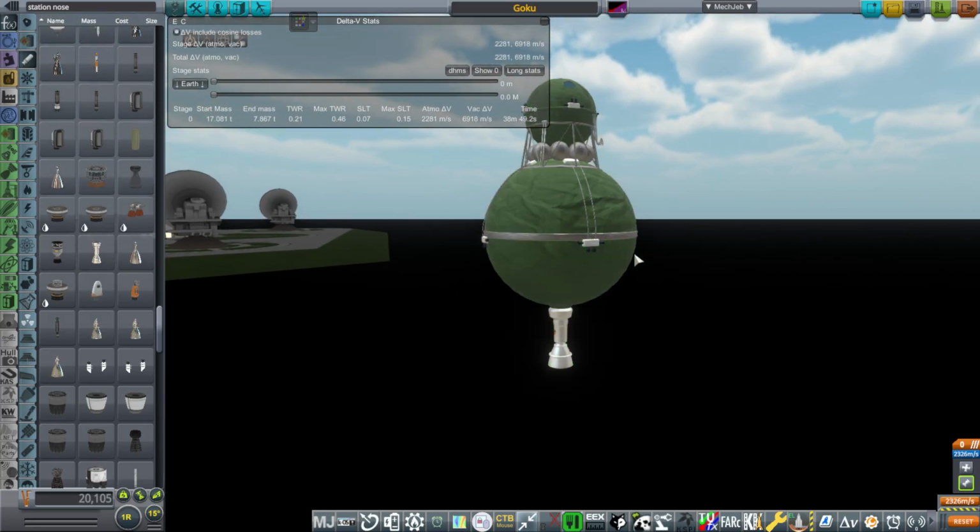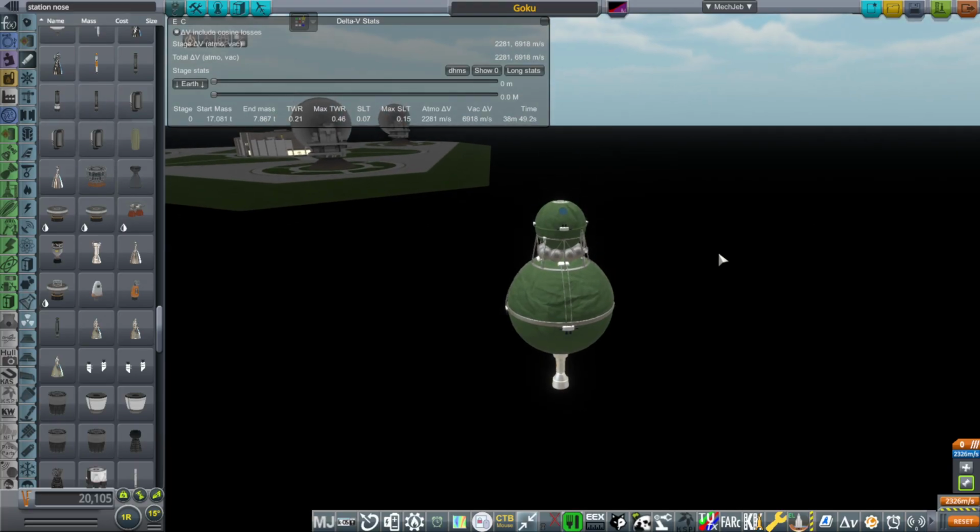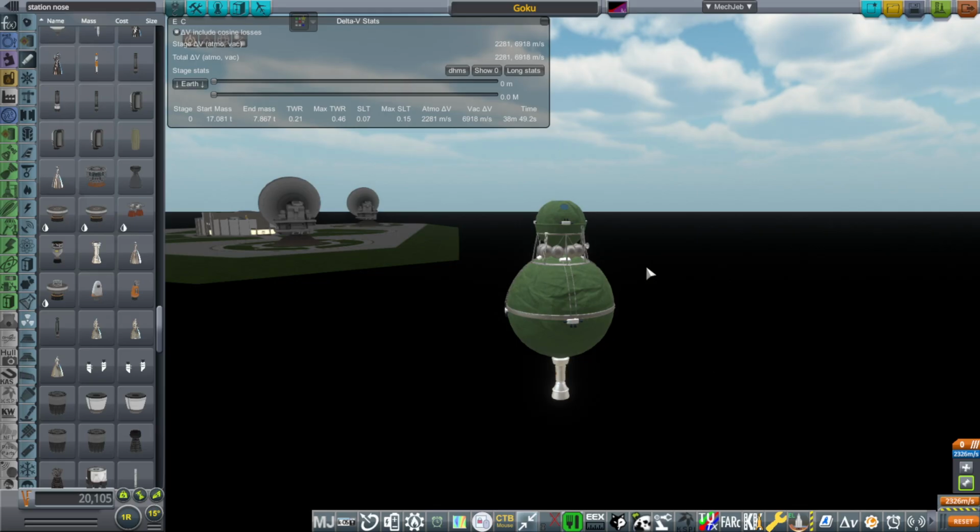So that is the pair. I call it the pair. It looks like a pair, but pair in Russian is Grusia, so that's why it's the Grusia spacecraft. So that was another design of mine, and that was used in the Solar System Tourism series as well.